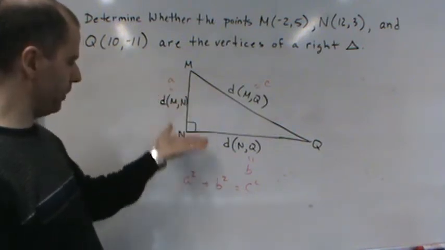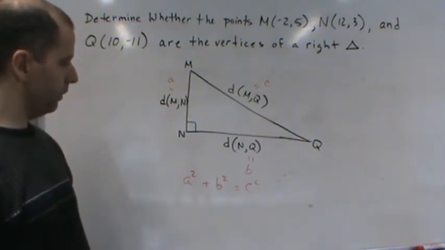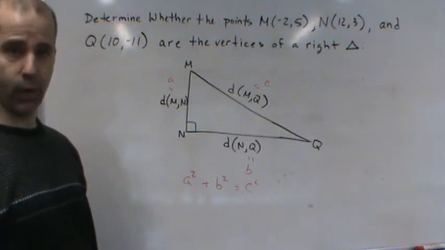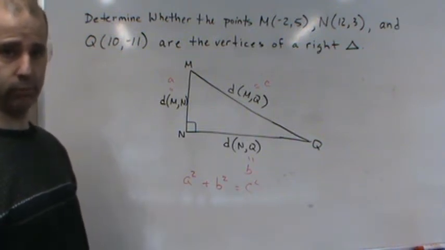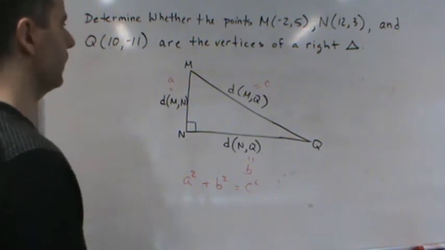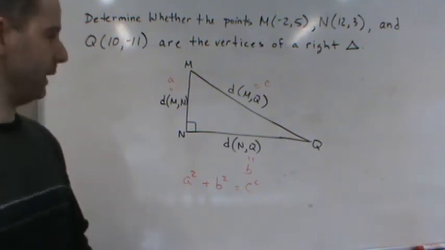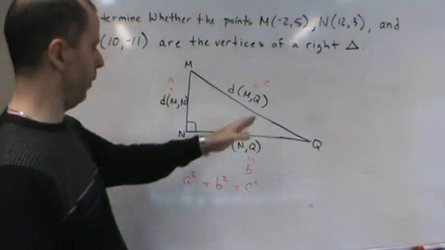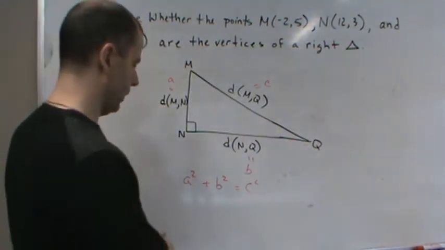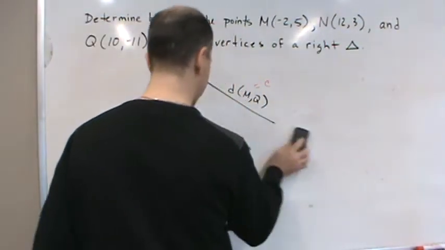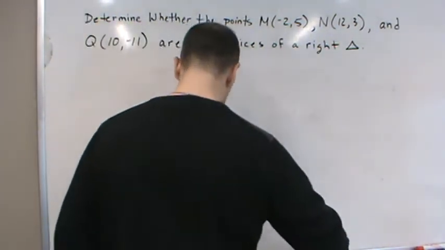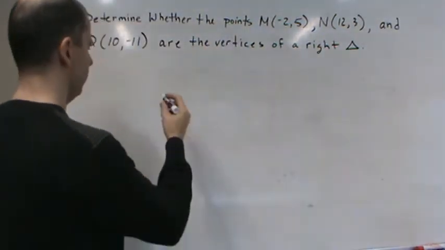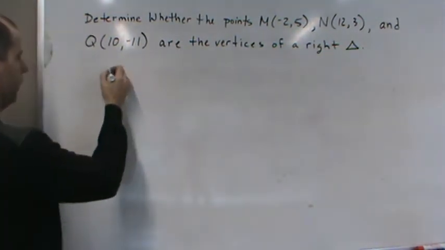Now, if we can't show that, then they obviously are not vertices of a right triangle. They would be vertices of some other triangle. Okay, so let's see what happens. First of all, we need to find the distance between the points. So let's figure out the distance, and we'll calculate each one of these.